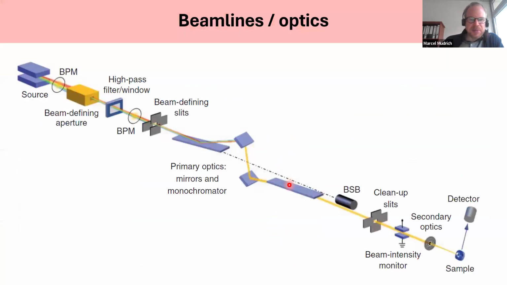So this is a typical sketch of an X-ray beamline. On the very left, top left here, this is the source, the undulator, which emits a divergent beam of undulator radiation. There is an angle dependence. If you remember, there's this theta term.